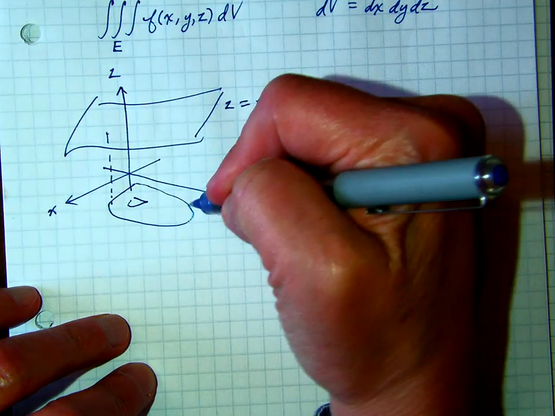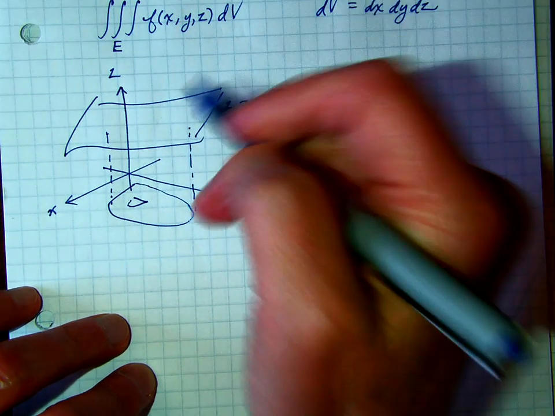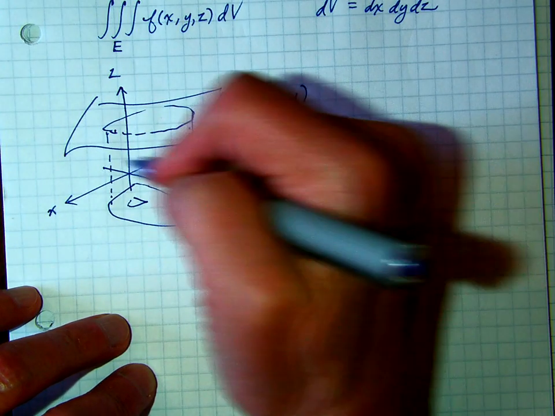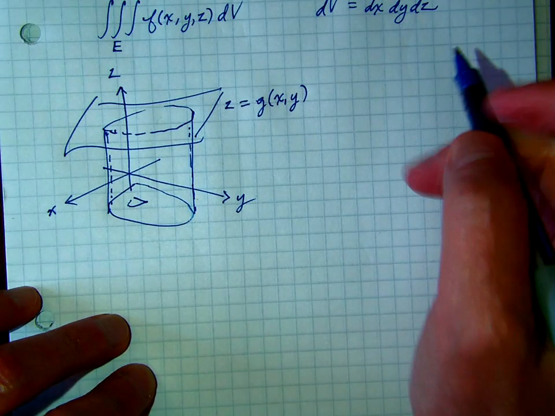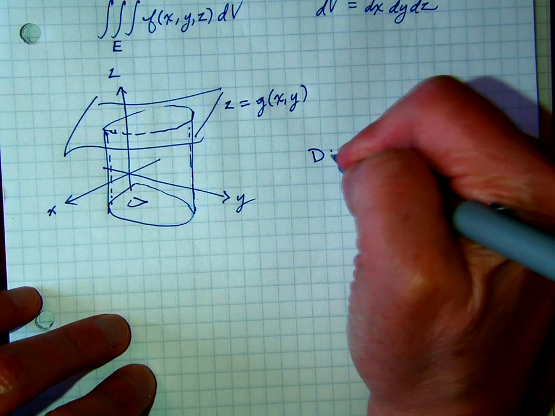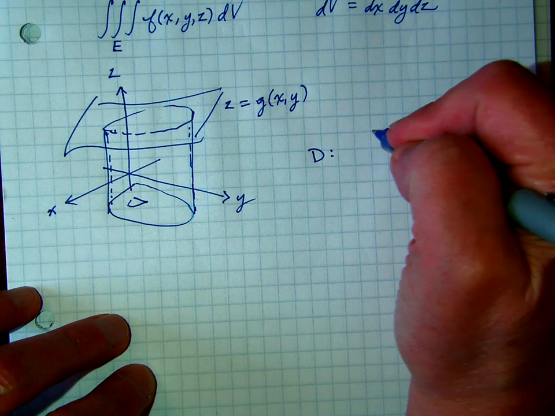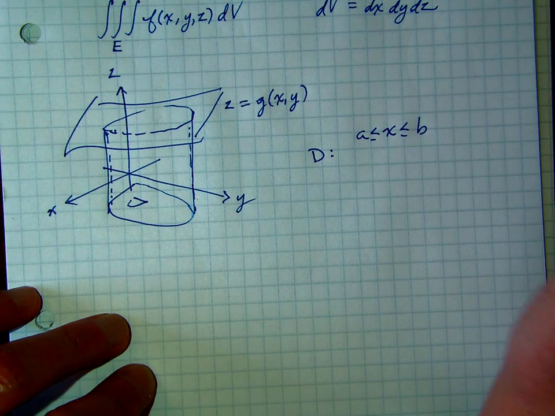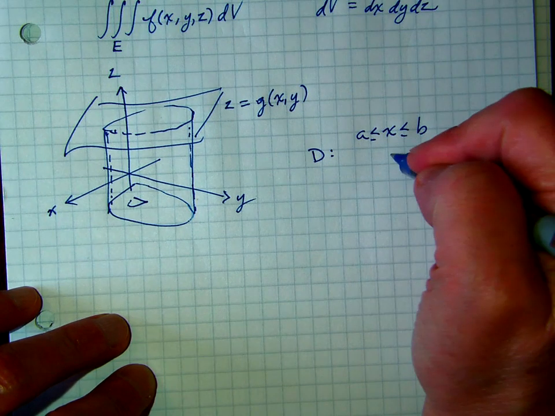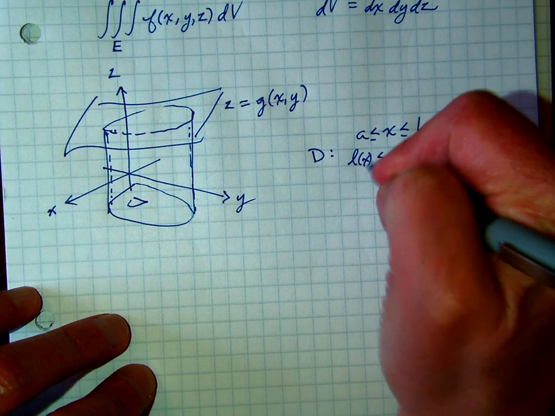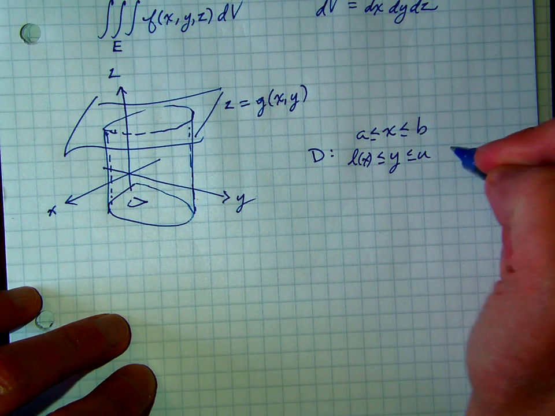You can almost always rearrange things so that this region is described in the following way. First of all, you have D, and D is going to be, well, maybe x goes from a to b. It might be y going from c to d. It kind of depends. And then y is going to go from your lower limit of integration to your upper limit of integration.